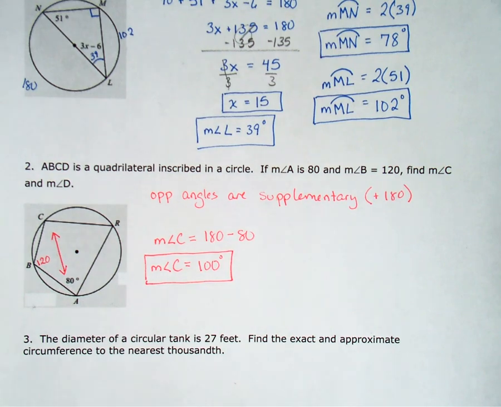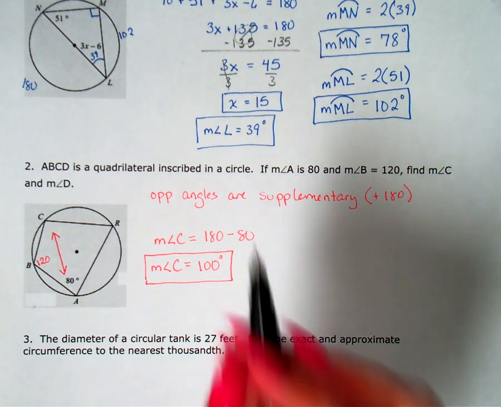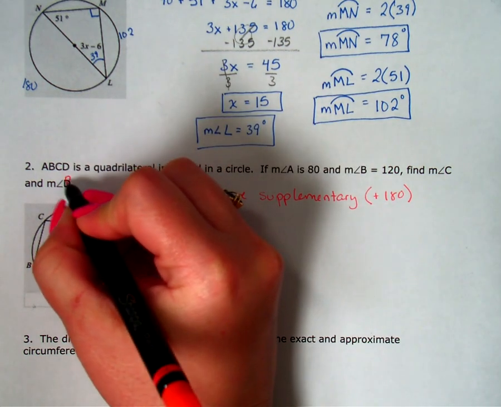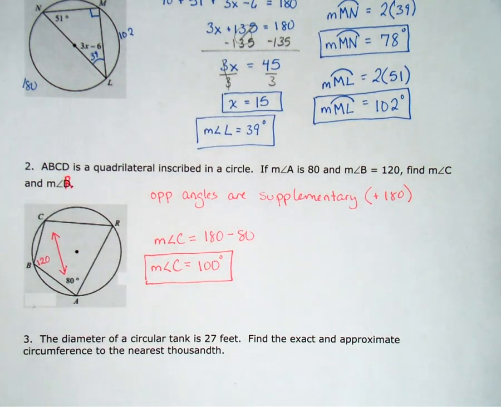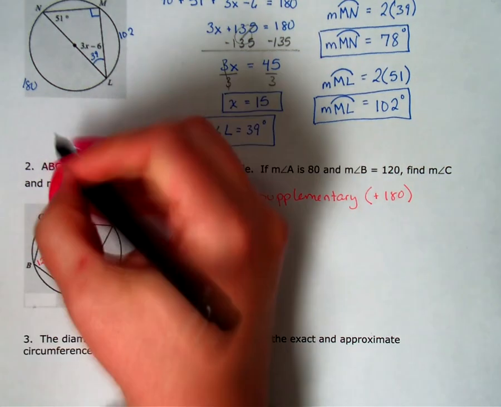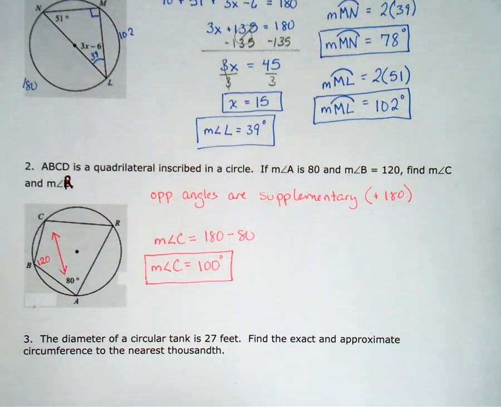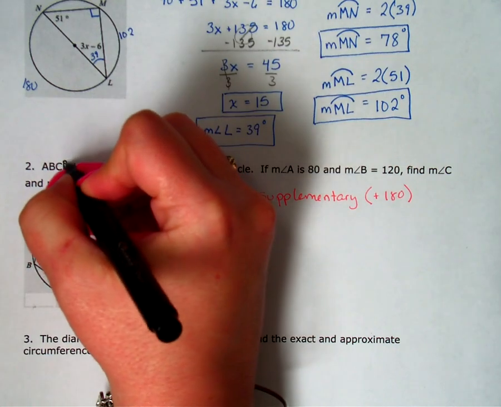The measure of angle, it says D here, but we have an R randomly in my picture, so let's change this to an R. I'll do that in black so it shows up a little bit better. The measure of angle R, that should be an R also.